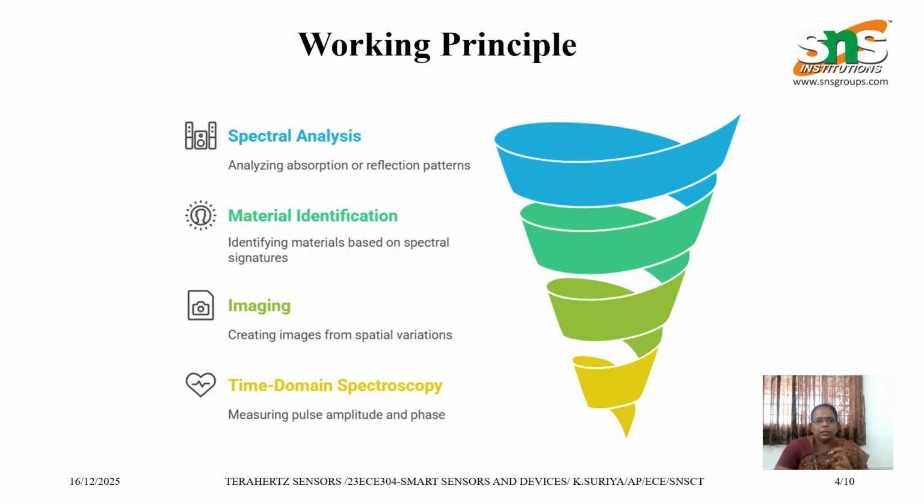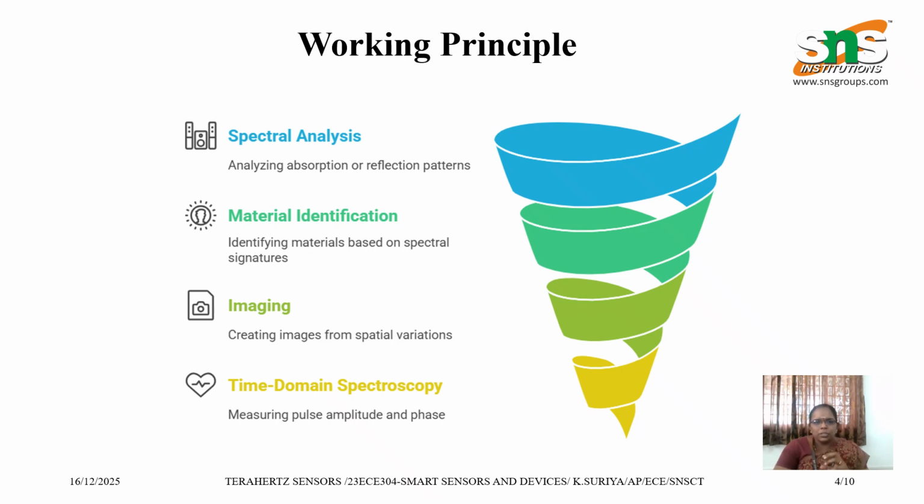By analyzing the absorption, reflection, or transmission of terahertz waves through a sample, it is possible to identify its composition and properties. Key principles underlying here are: first one is spectroscopy, where we measure the frequency dependent absorption or reflection of the terahertz radiation to identify the materials based on their unique spectral signatures.